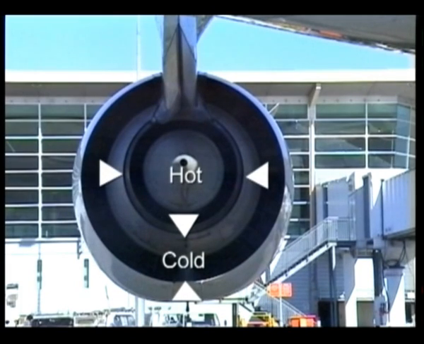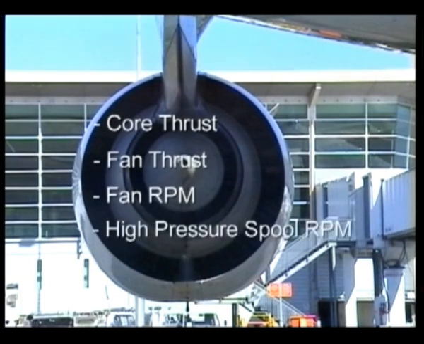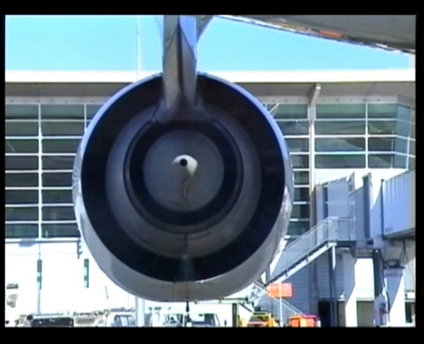Their relative sizes must be accurately maintained to ensure the correct relationships between core thrust, fan RPM and high pressure spool RPM. Nozzle size also produces low specific fuel consumption over certain engine operating ranges.